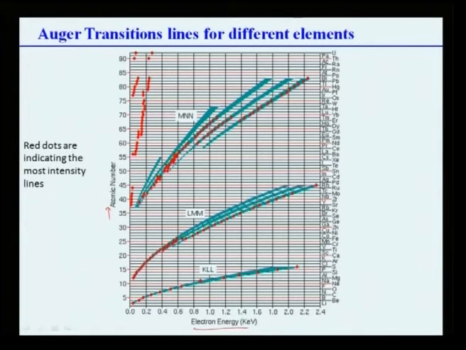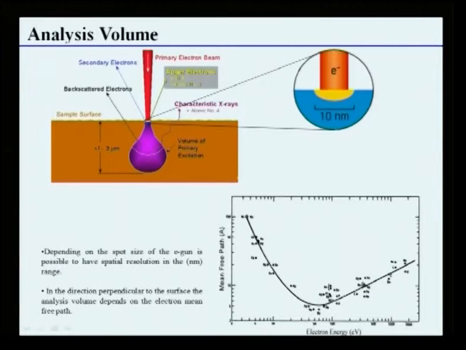You can observe higher level transitions like these for very high atomic number elements. This is very important, because this table tells you what transitions you can expect when you are doing the Auger measurements. The last one in today's lecture I am going to show you is the analysis volume.